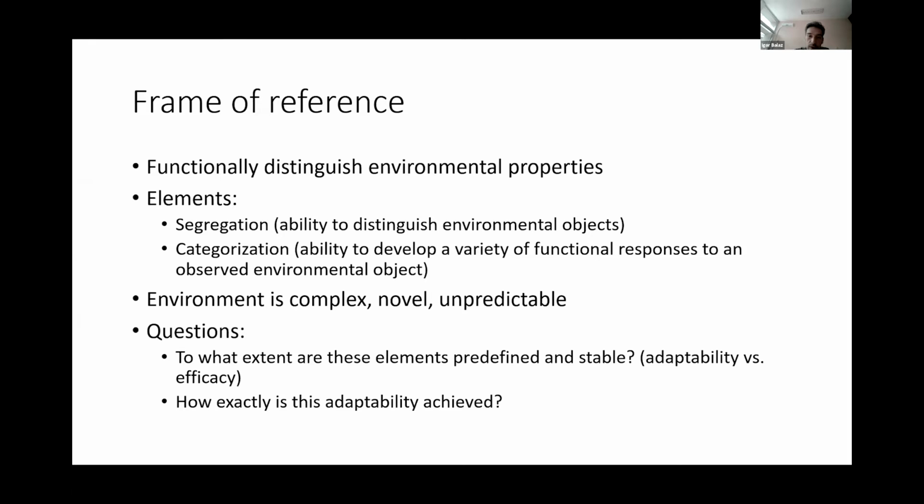Because if they are too stable, the organism will not adapt fast enough and will probably go extinct. But on the other hand, if they are too flexible, we will not have any kind of stable behavior, and the fate will probably be again extinction. So during learning or evolution, organisms need to find a balance between these two extremes, stability and fluidity.